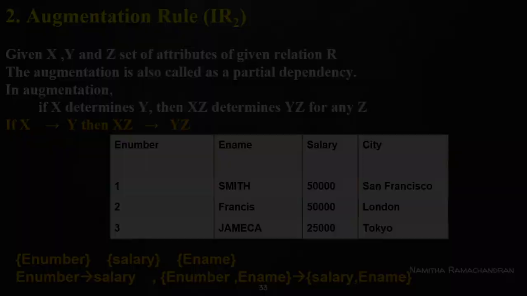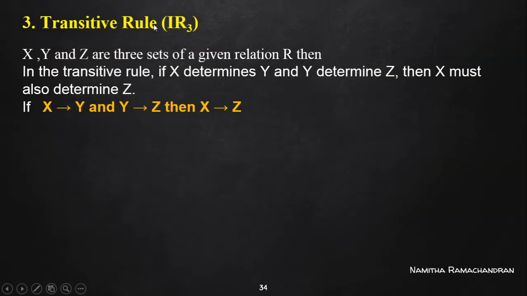Third one is the transitive rule. This was already discussed in our previous video as transitive dependency. The same rule is used here for this axiom. If X, Y and Z are three different attribute sets of a given relation R, and X implies Y is a valid dependency and Y implies Z is another valid dependency, then X implies Z is also valid.